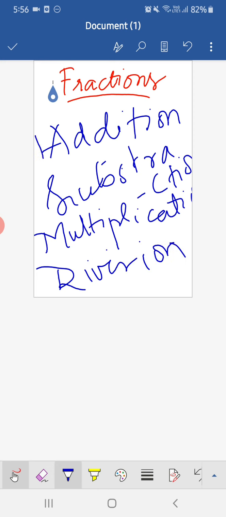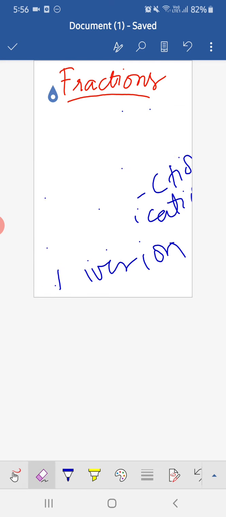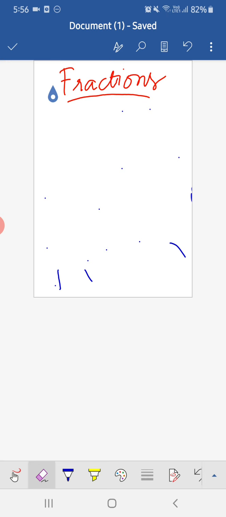Correct, we have 4 fundamental operations: addition, subtraction, multiplication and division. In fractions also we use these things. In part 1 I'll discuss addition, part 2 subtraction, part 3 multiplication and part 4 division. So let me start with it. In this video we are going to study the addition of fractions.